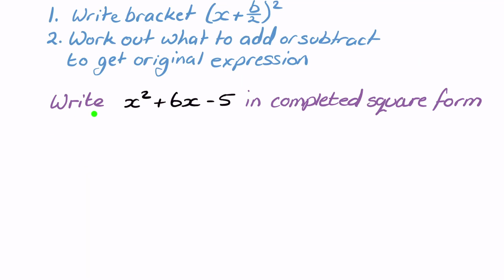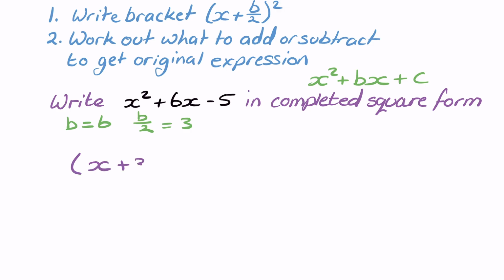We need to write x² plus 6x minus 5 in completed square form. And if we remember, the general form was x² plus bx plus c. So b equals 6, and that means b divided by 2 equals 3. And so our bracket will be x plus 3 squared.